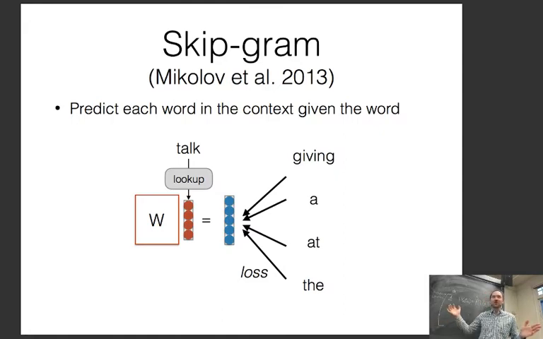Is anyone familiar with word embeddings? Able to say with confidence that one or the other is correct? Is the CBOW or the skipgram model predicting all of these words in the context independently, or together?